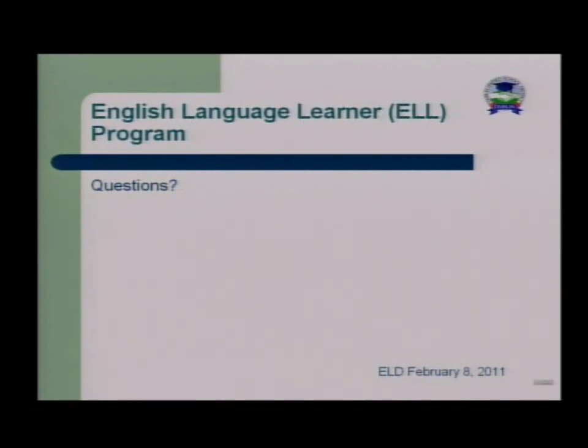Before we get to questions, I would just like to say I think there are 3 things that make our ELD program successful here in Dublin Unified. Number 1, I think it's the staff for sure. In my opinion, we have one of the most outstanding ELD staffs around. I think the second is the support that we receive from yourselves. I always feel very supported in the ELD program. I think our needs are met on the district level.